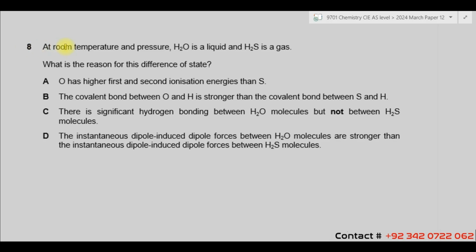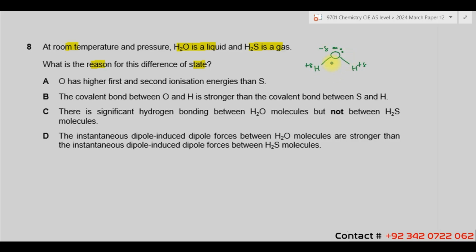Question 8. At room temperature and pressure, water is a liquid, H2S is a gas. What is the reason for this difference of state? Now in water we have oxygen bonded to 2 hydrogen atoms. Oxygen is more electronegative, so it is partial negative. Hydrogen is partial positive. We also have lone pairs present on oxygen. So fluorine, oxygen and nitrogen form hydrogen bonds.